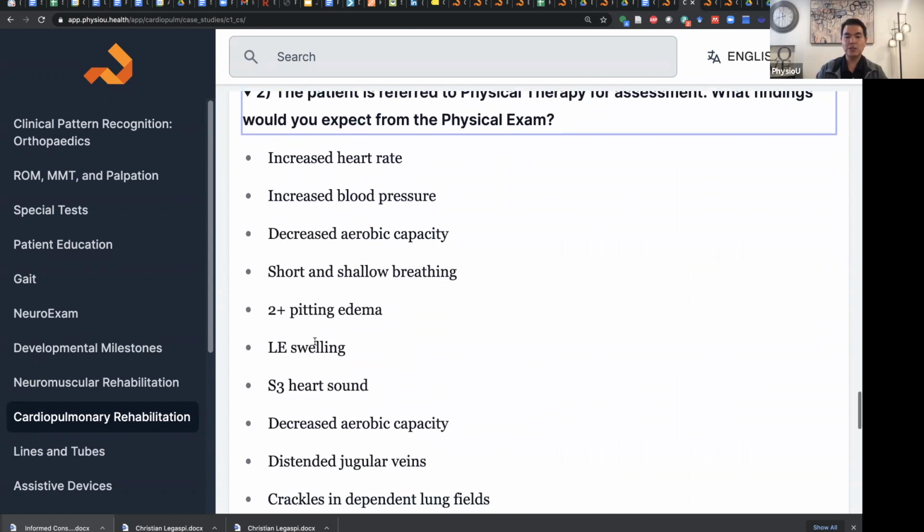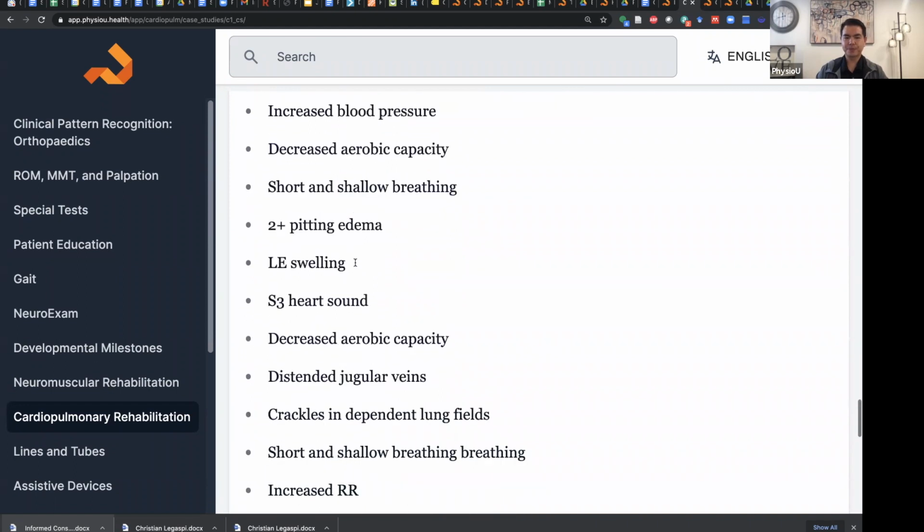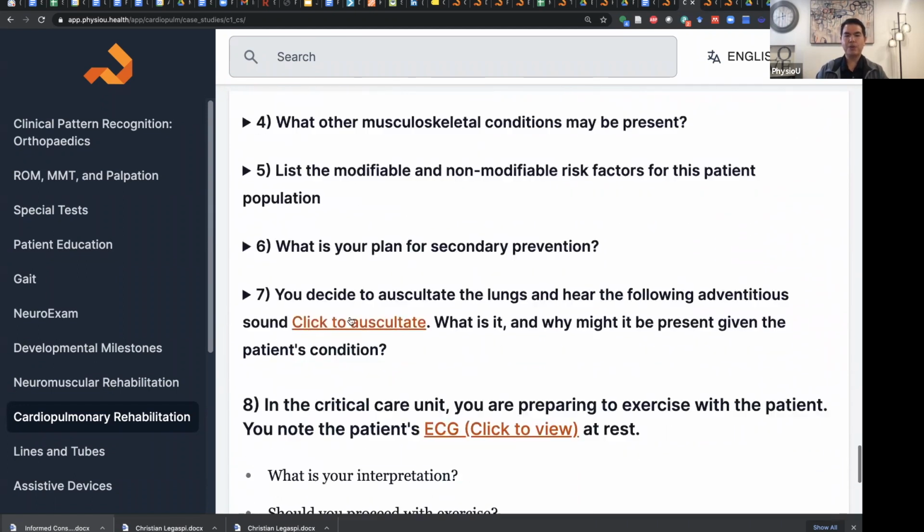We don't ask the students not to look at these. In the future, what we might do is when a faculty member logs in, the answers are here, and when the students log in, there are no answers, just questions for discussion. Now, there are other things here. For example, you decide to auscultate their lungs and hear the following adventitious sounds.